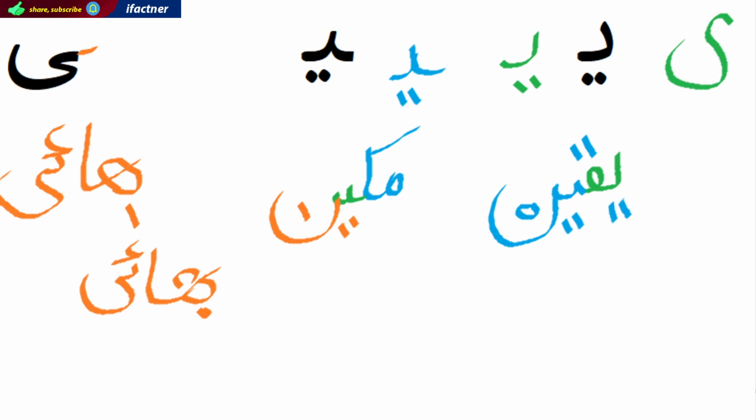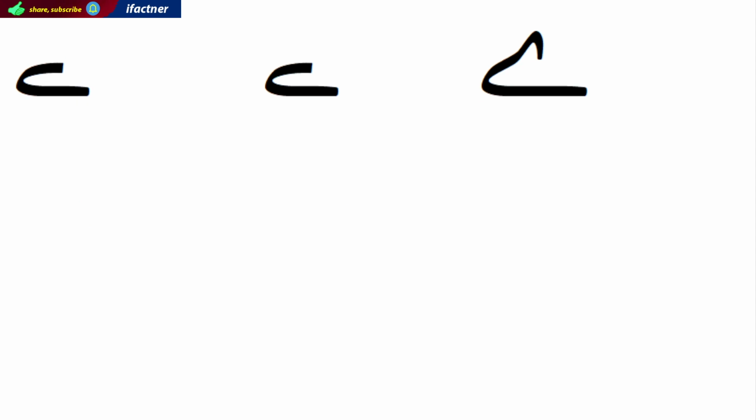Now the next character is Badi Ye. Badi Ye comes at the end of the word, and it is being connected to Hamza and other characters at the end. So let's see how we write it in its independent position, initial position, middle position, and final position. In its independent position, we write it like this.